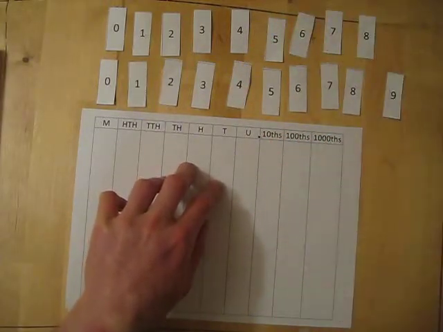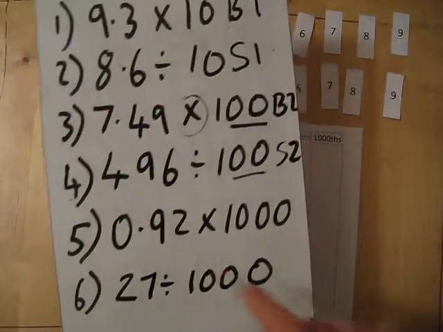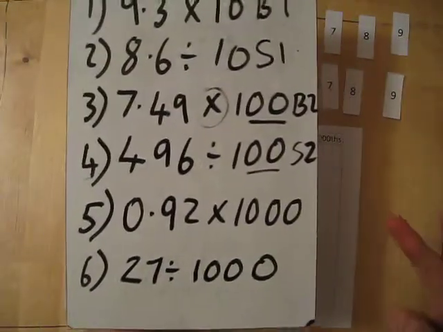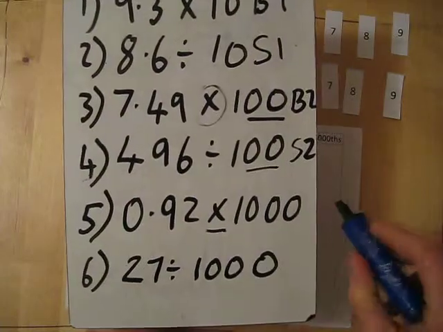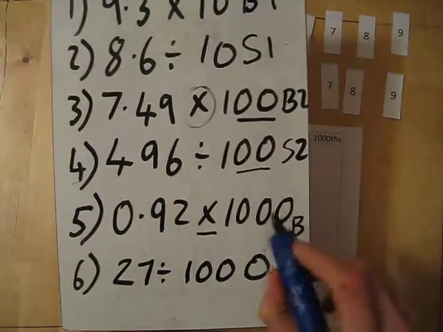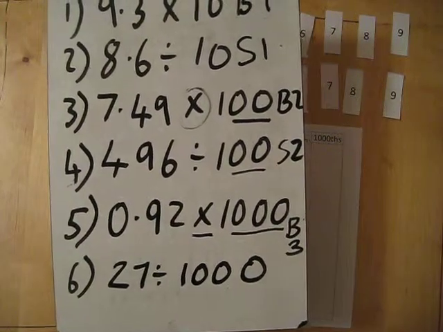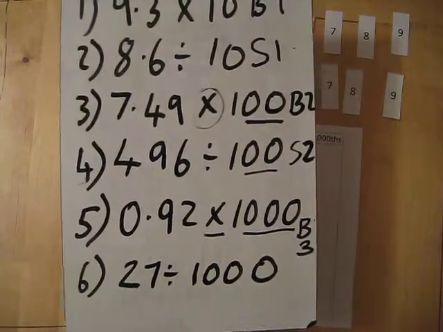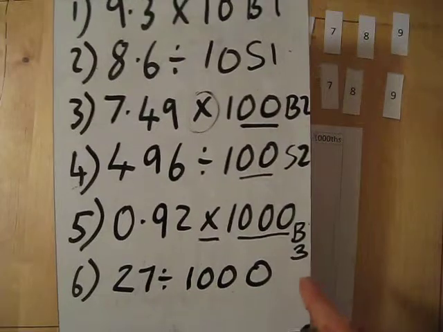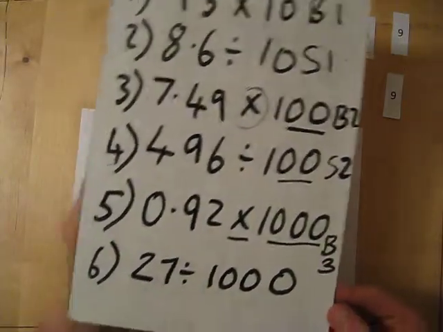Let's do 2 more. I'll put these back. Next one we've got is times by 1,000. Exactly the same process. 2 questions. Bigger or smaller? We know it's bigger because it's multiplied. By how many places? It's got 3 zeros, so it's going to be bigger by 3 places. So 0.92 times 1,000 will get bigger by 3 places. So I'll put on my 0.92.